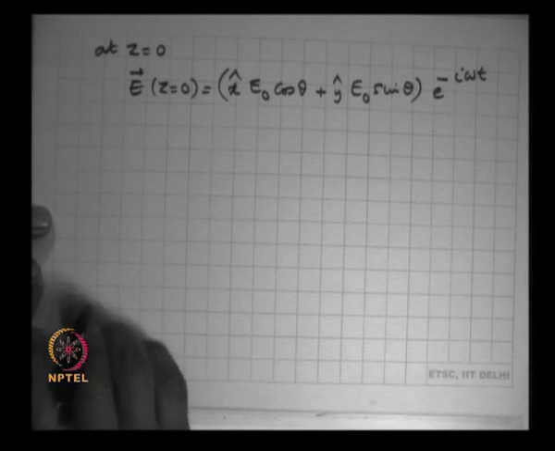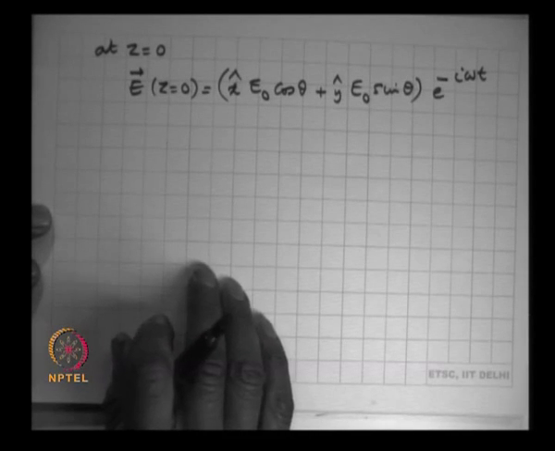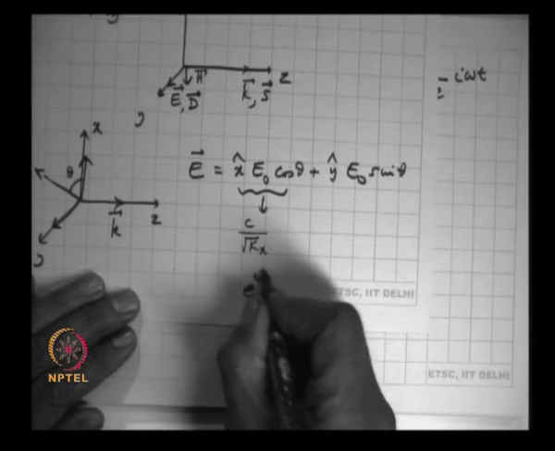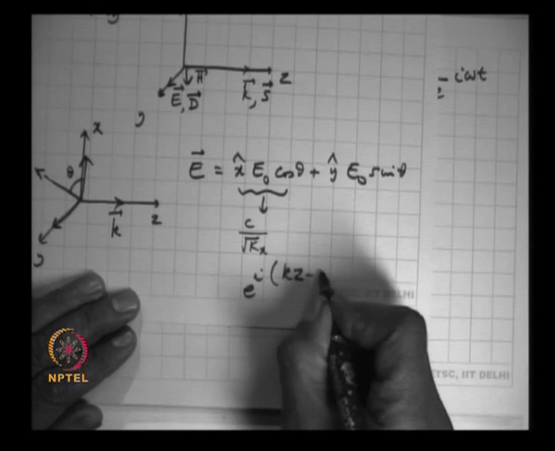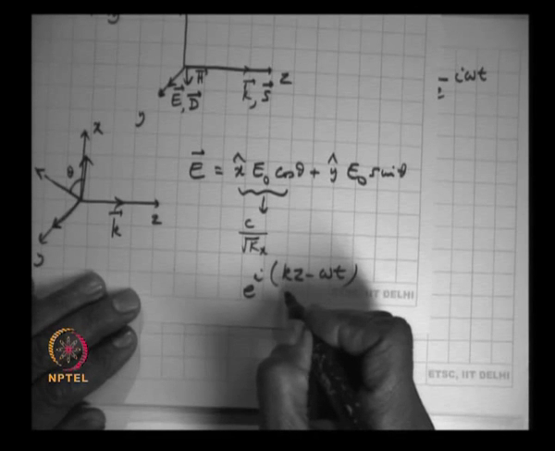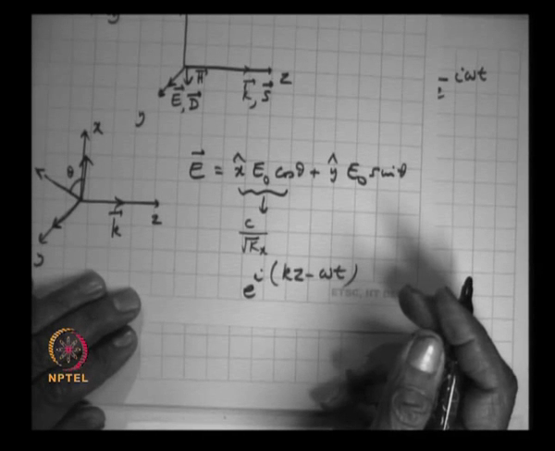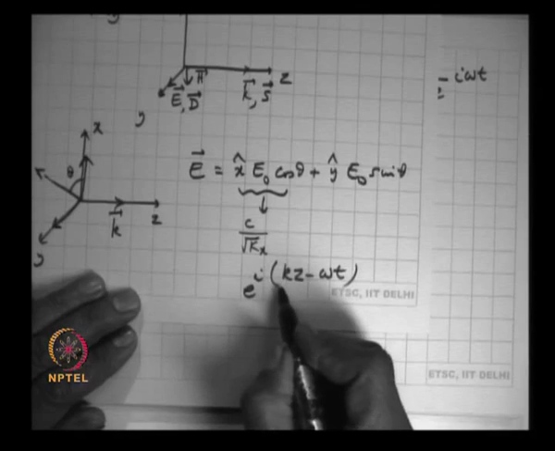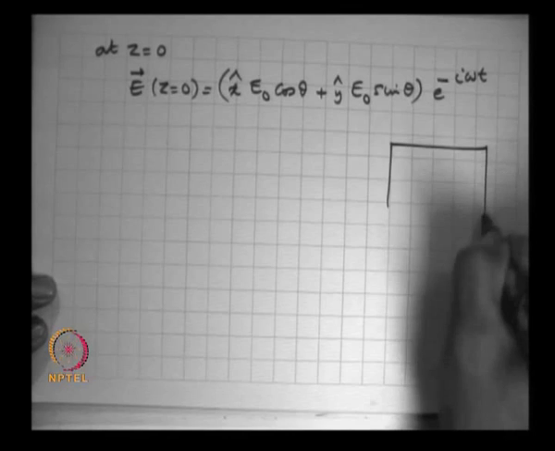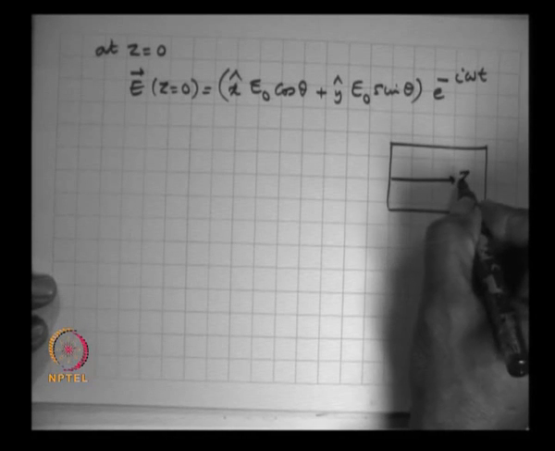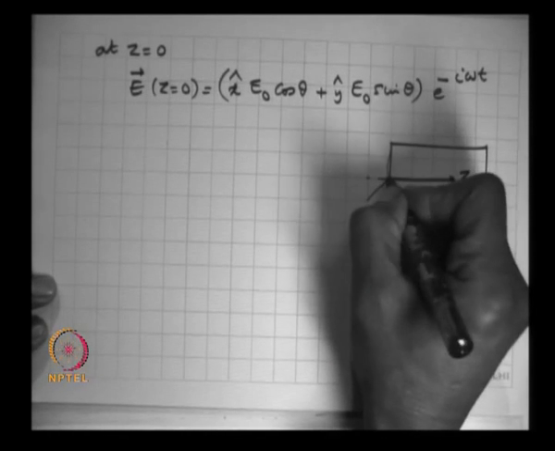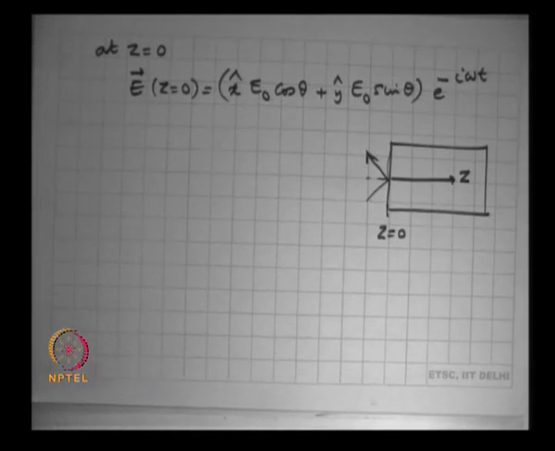The propagation is along z direction. So, the exponential factor would have been exponential i (kz minus omega t), because propagation is along z, k vector is along z, and so k dot r is kz. So, I have exponential i (kz minus omega t) at z is equal to 0. This is my crystal, this is z axis, this is z is equal to 0. I have launched the wave here with an electric vector oriented at some angle to the x and y direction.